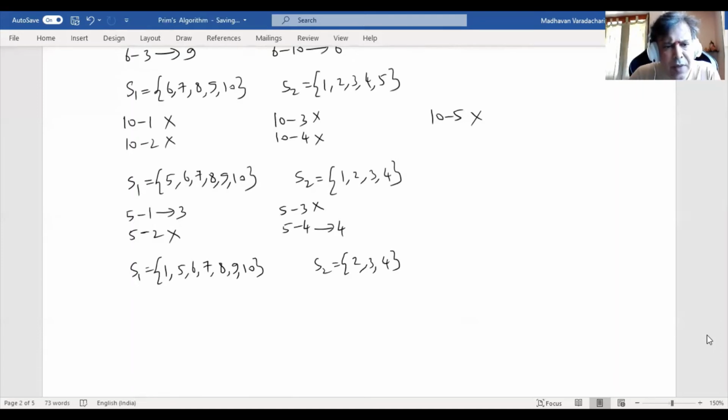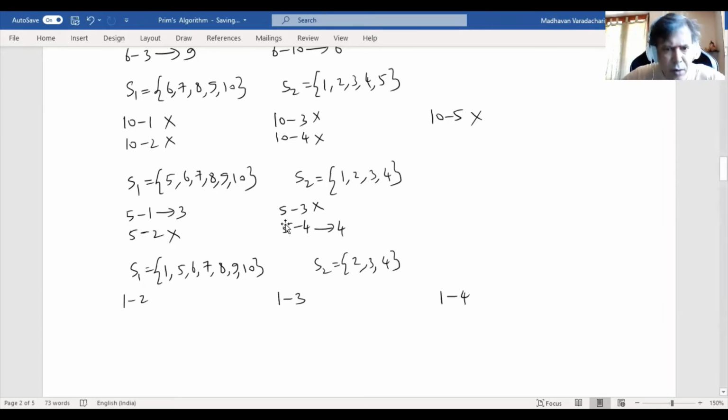Now with 1, we have to identify the combinations. Now we need to identify the connections between 1 and whatever vertices are there in set 2. So 1 to 2, then 1 to 3, and then 1 to 4.